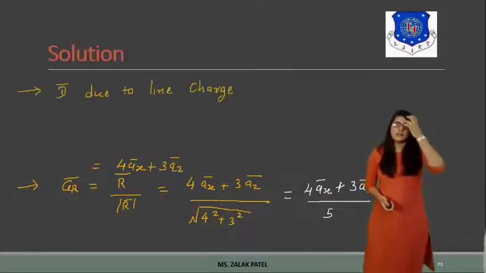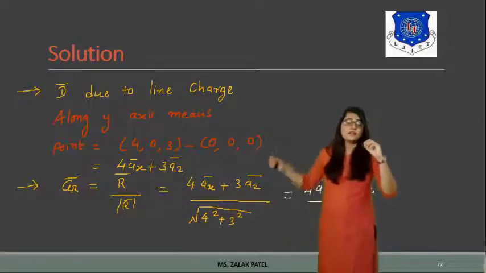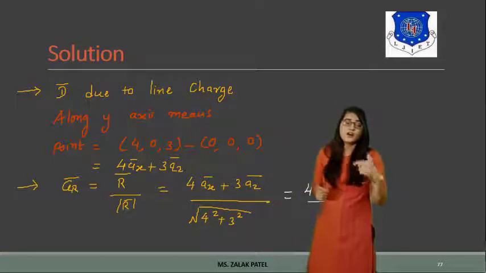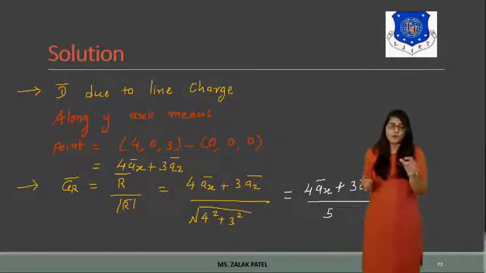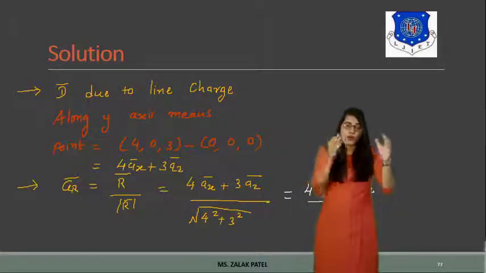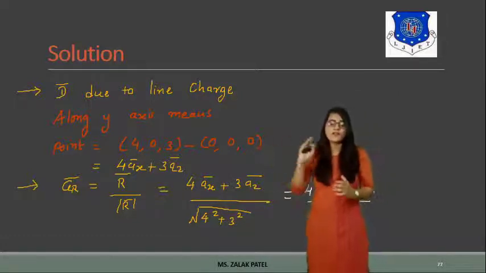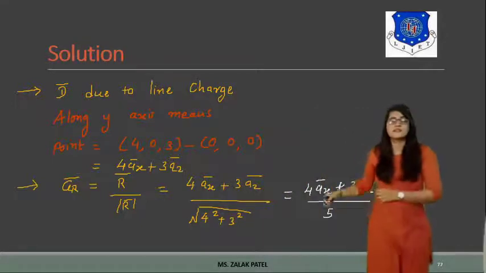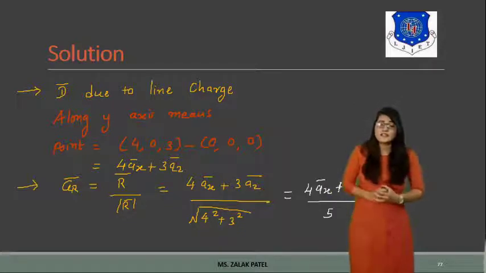Let's do it for the line charge. Please note that the line charge is distributed along the y-axis, meaning it is present only on the y-axis. Again we use the same concept: the distance is the point where we desire the flux density minus the point where the charge is located. The desired point is (4,0,3), minus the point where the line charge is present.